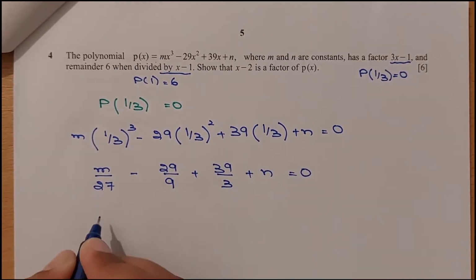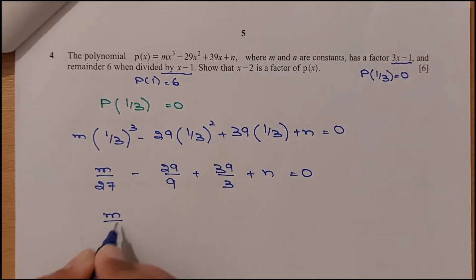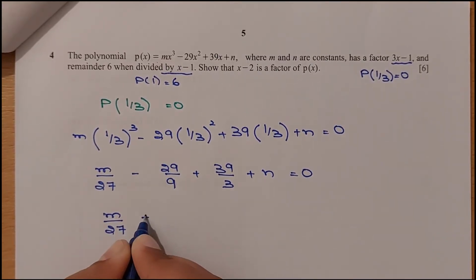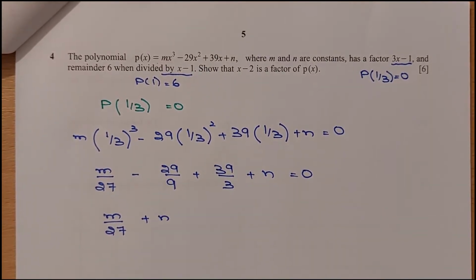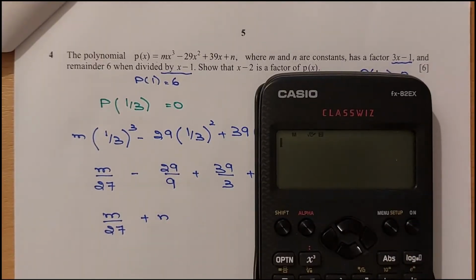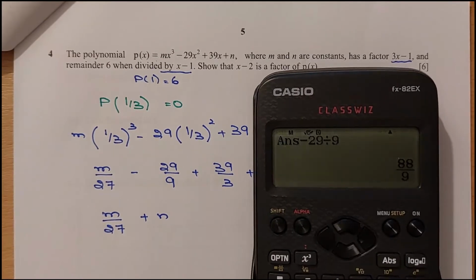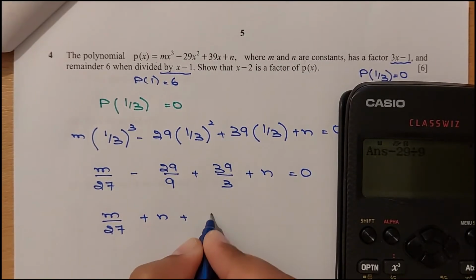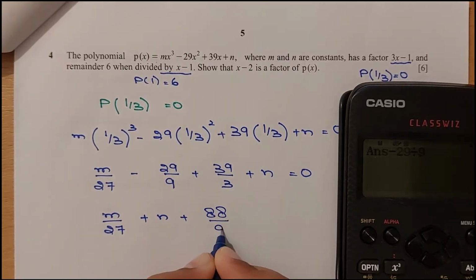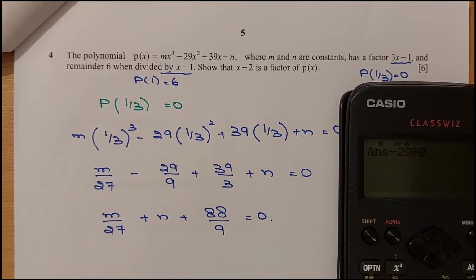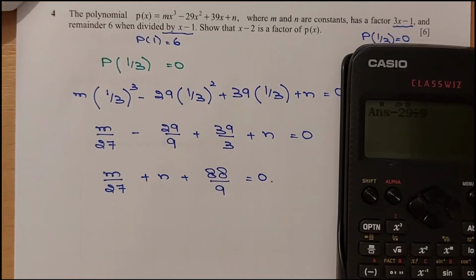Right, so further simplification: m divided by 27 plus n, and what are the constant terms? The constant terms are 39 divided by 3 and minus 29 divided by 9. That is 88 divided by 9, the positive sign. 88 divided by 9 equals 0. Right, so 27 is the LCM for this.